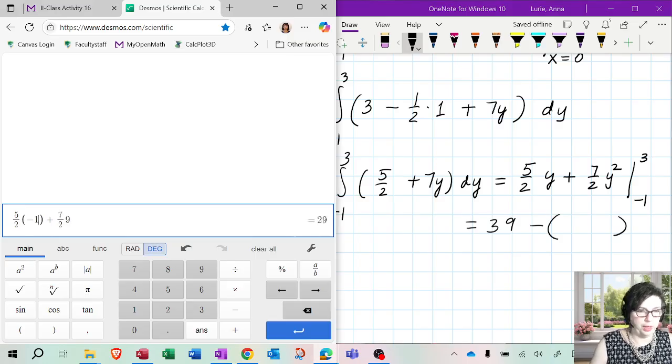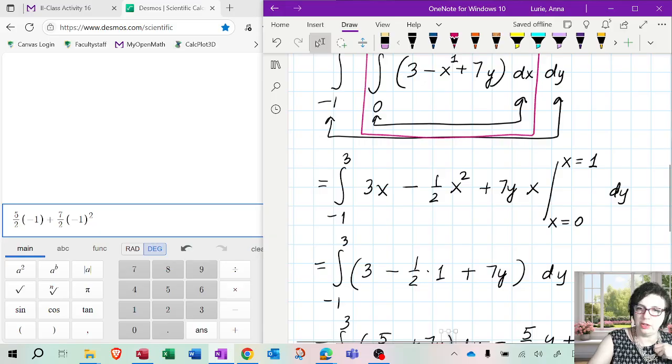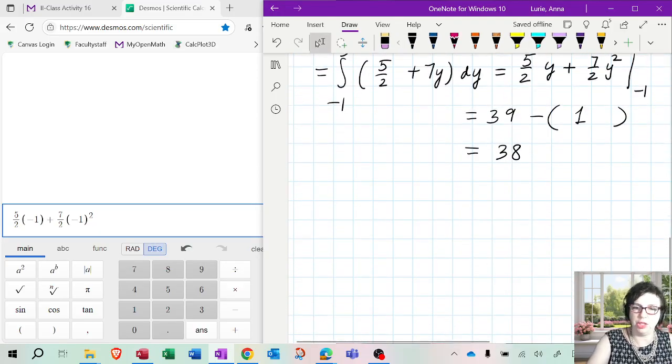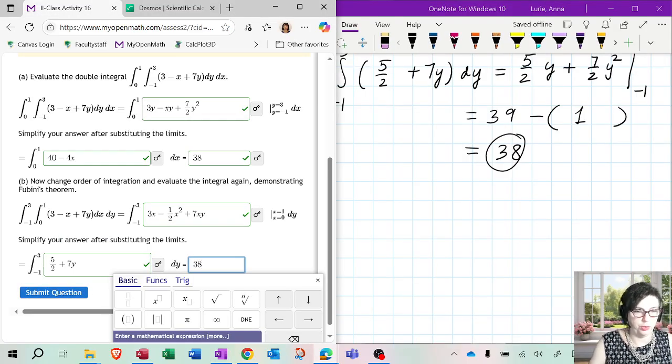So now let's put -1 for y. So that gives me 1. So 39 minus 1 is 38. Now compare that with my previous answer where I was using a different order of integration, and you can see that both of them gave me exactly the same thing. So that's also 38.